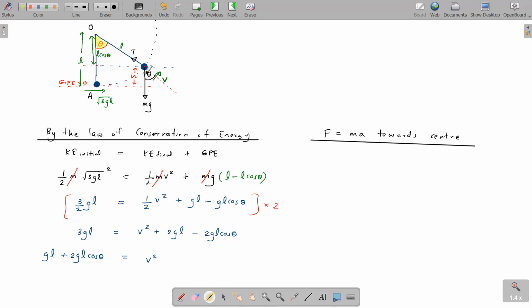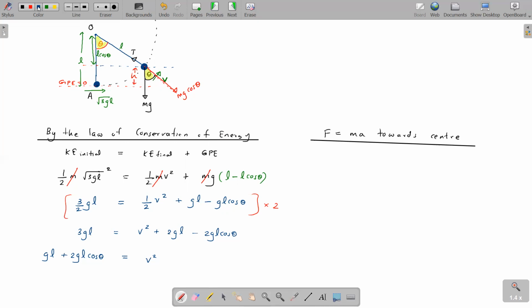Okay, so now you can go for the resolving of mg, because I need the forces acting towards the center or away from the center. So you can see if I resolve mg, I get here mg cos theta, because you are resolving mg towards the angle. Can you see, mg towards the angle? You get the mg cos theta force. Mg sin theta is on the other side, we do not require that.